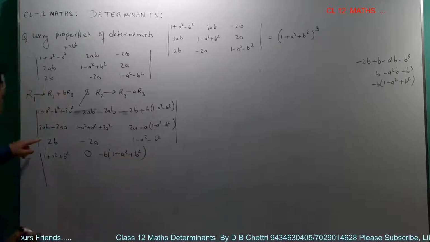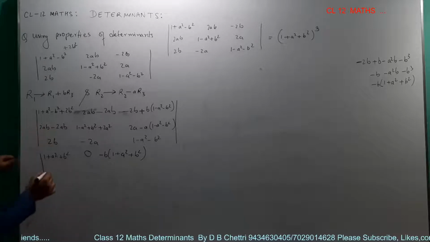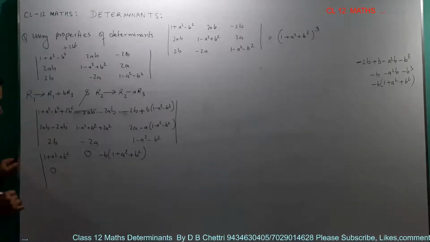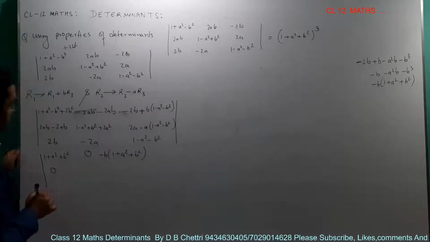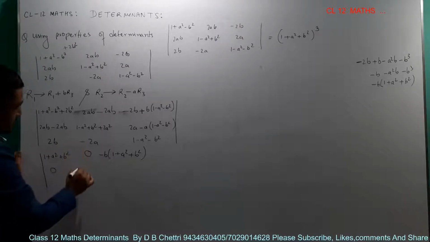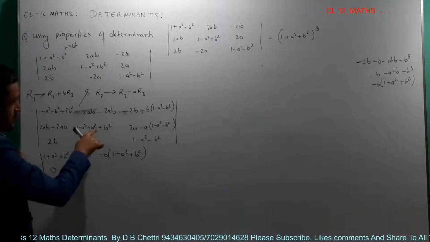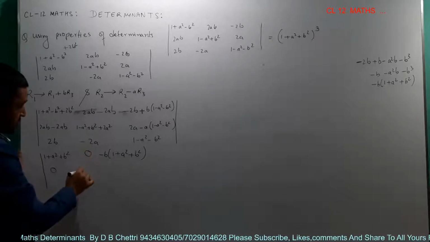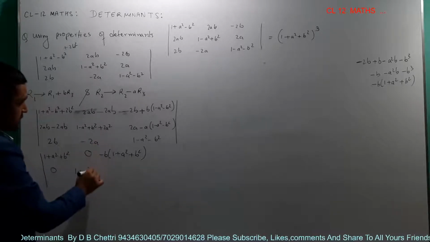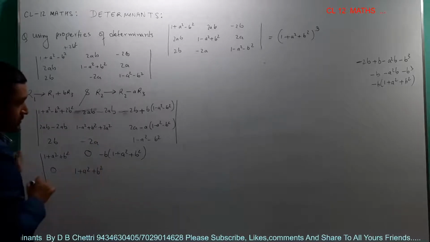Okay, now R2: same minus same 0, same minus same 0, then 1 minus a square plus 2a square plus a square, then plus b square.